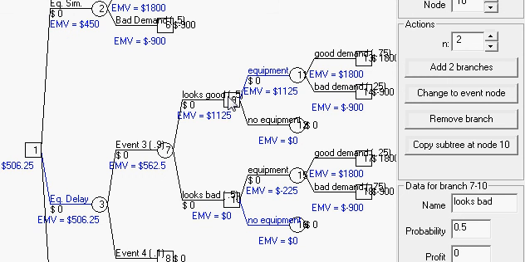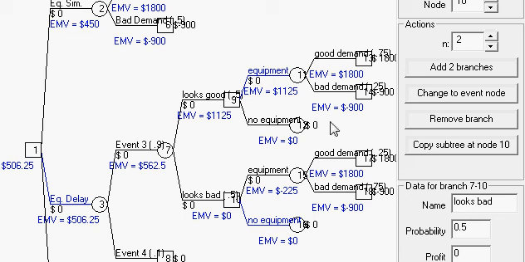So a critical step in solving this particular problem was to think carefully about what order things happened. If I were to put the demand, good demand, before equipment, no equipment, then you're going to get a different value. That would be more like an expected value with perfect information, because now I'm making my decision based on information that I didn't have.